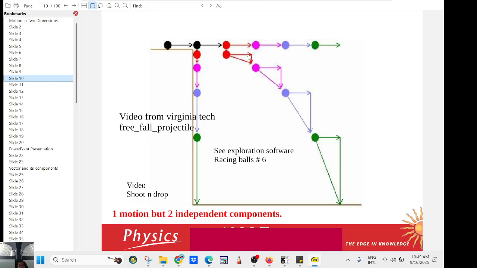Along the y, the velocity is going to increase at a rate of -10. Now, if you drop something here at that same level, then the velocity is going to increase at exactly the same rate, and they will reach the ground at the same time. Last time I showed you videos, so I'm not going to go over that again. Are you with me? Okay.